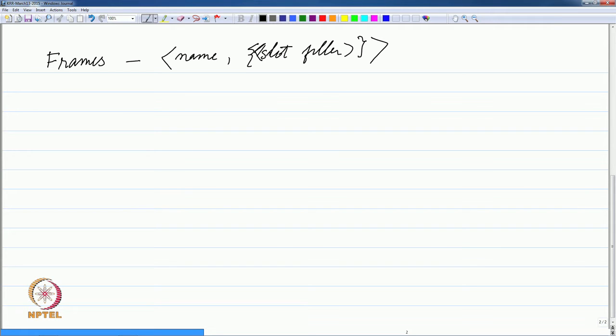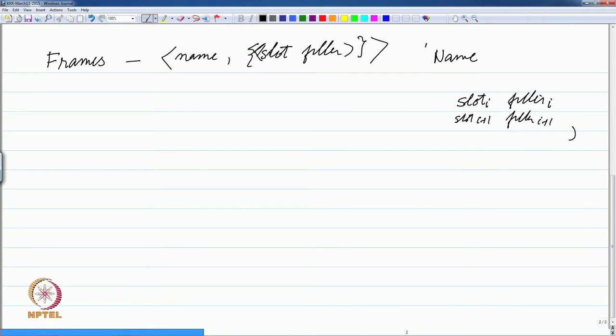So, we can represent it as follows. Let me just write this. We have a name, then we have a slot and a filler. So, let us say slot I and filler I, and slot I plus 1, filler I plus 1, and so on essentially.